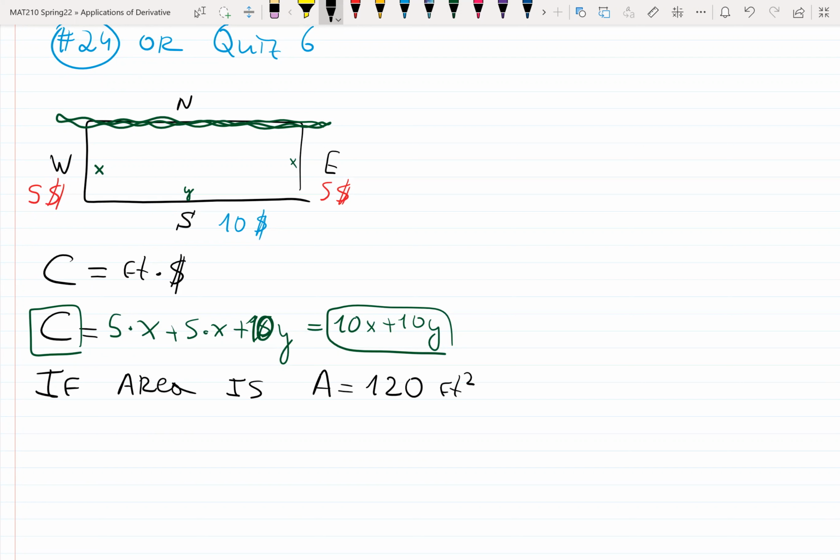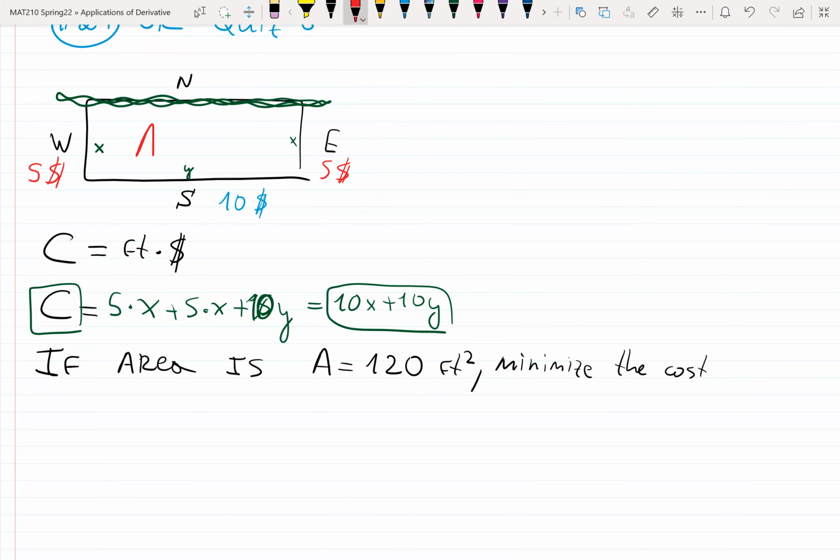So I'm reversing the problem. In that problem, we asked you to find the area. Now I'm telling you that area is usually given, right? So I already have my yard size. Minimize the cost. So what is the price I will have to pay if I don't want to overpay?